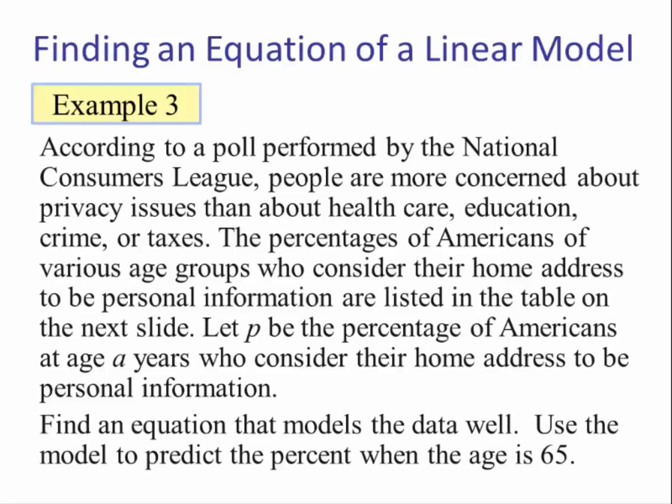Let P be the percentage of Americans at age A years who consider their home address to be personal information. Find the equation that models the data well. Use the model to predict the percent when the age is 65.